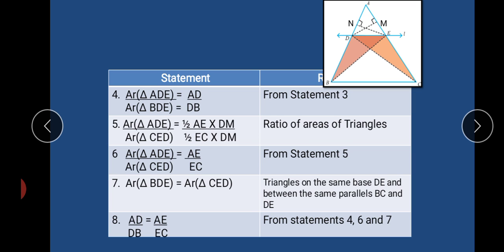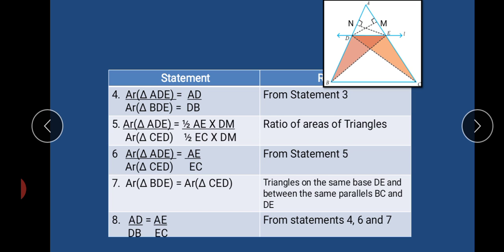It is half AE into DM. Height is the same for the second triangle also. So half EC into DM. Again half DM will get cancelled and you will get area of triangle ADE upon area of triangle CED is equal to AE upon EC.